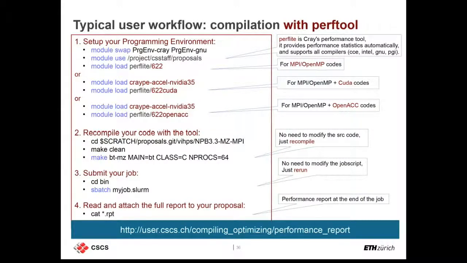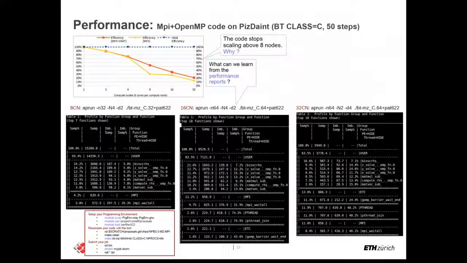So let's go back to my example. If you remember, I was saying that my code was having a good scaling up to 8 nodes, which is not very much, but we could try to have a look at what the performance tool is telling us to try to understand why the scaling stops.